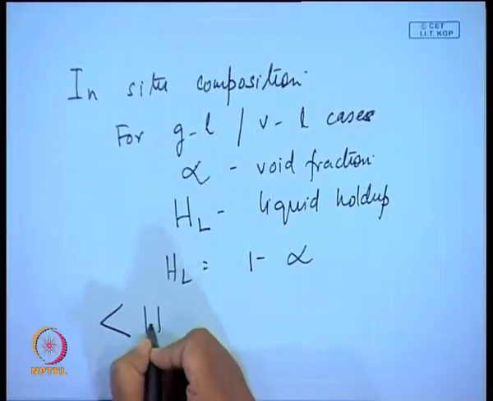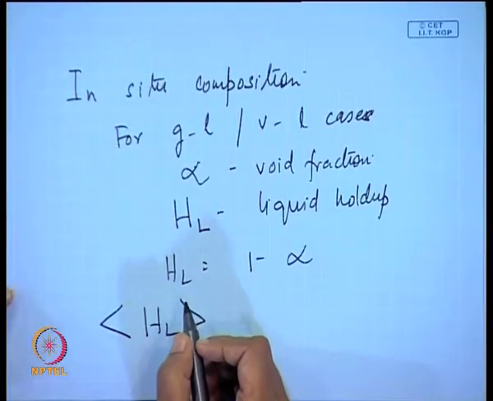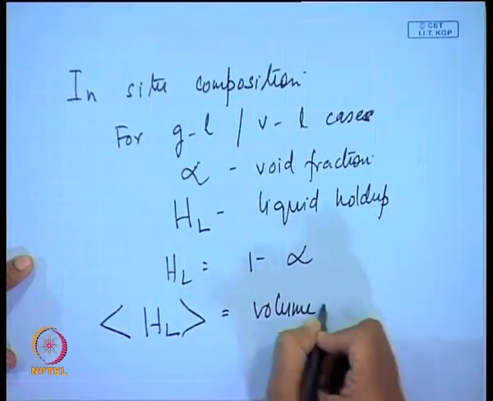There can be fluctuations with time, there can be fluctuations with your distance as well. So, usually we define HL in this particular way, where this refers to the volume average liquid hold up.